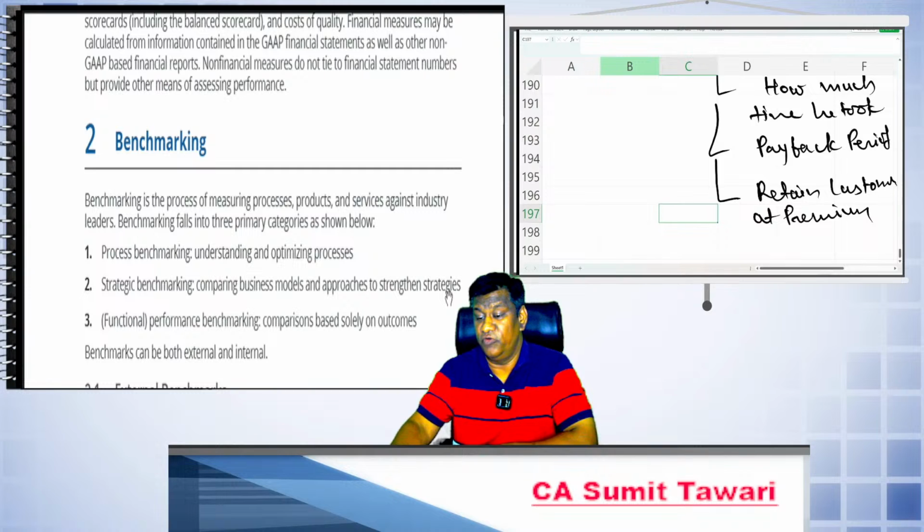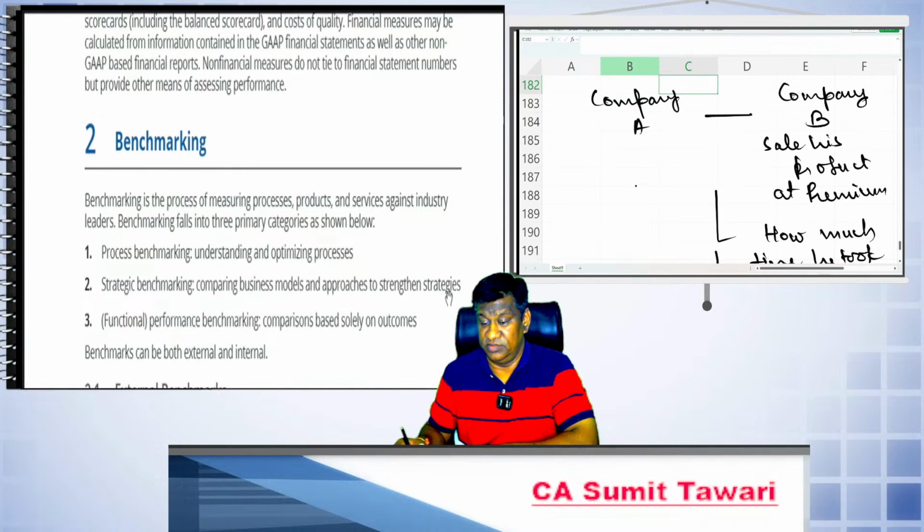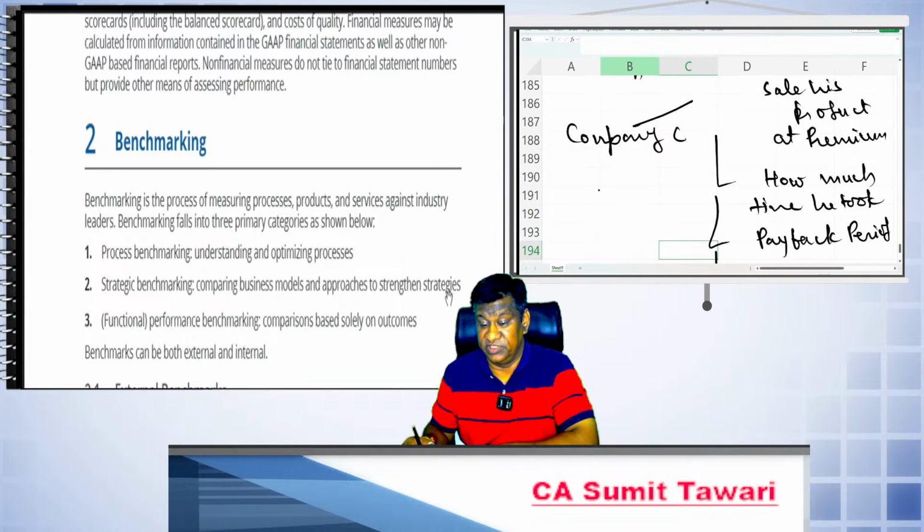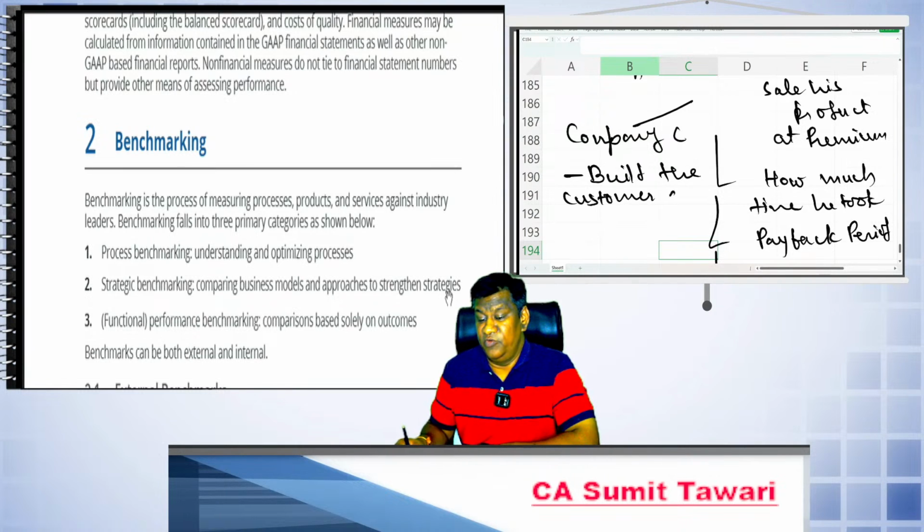Okay, along with this, he may study company C. Their strategy is basically to build the customer base and be okay to compromise with profitability.